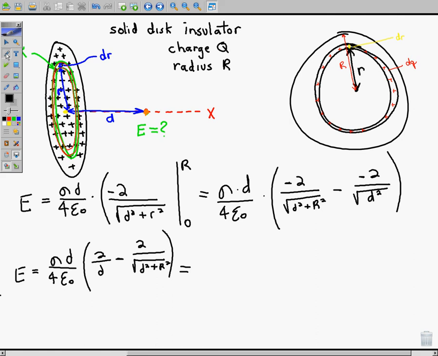I'm going to pull out the 2, so I'm going to have sigma d over 2 epsilon 0 times... You know what? I am going to combine those. If I combine those, let me see, what do I do here?